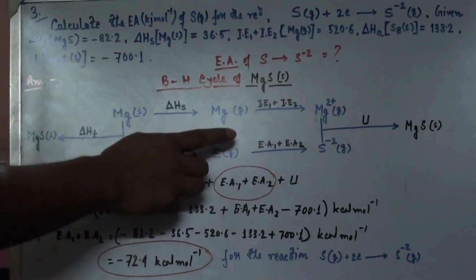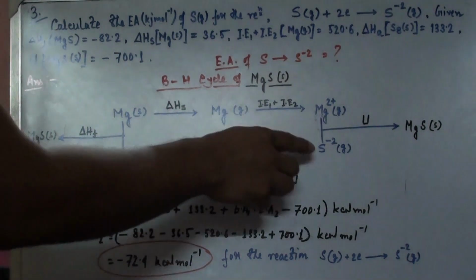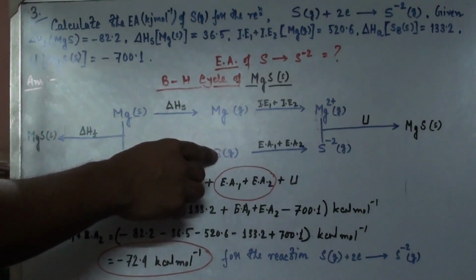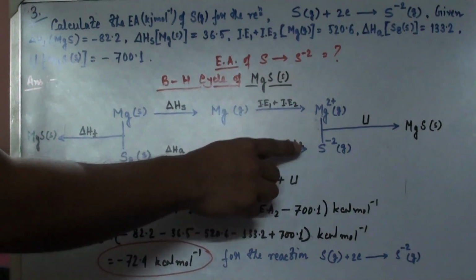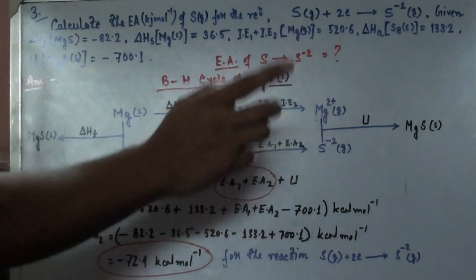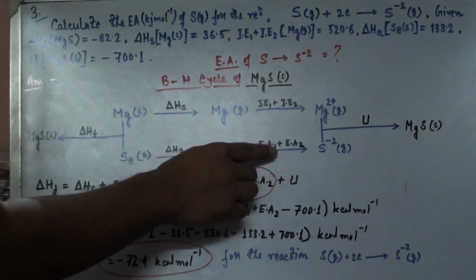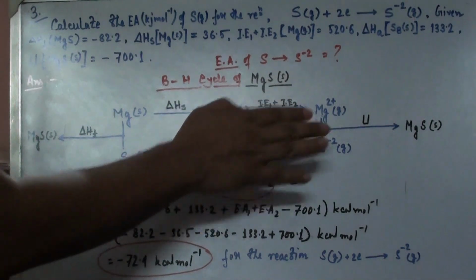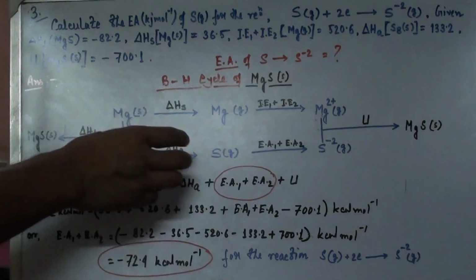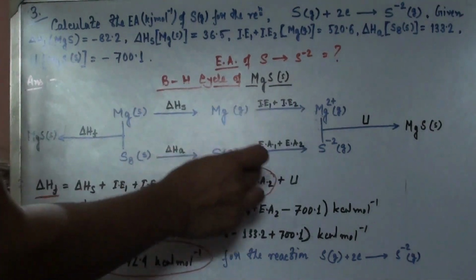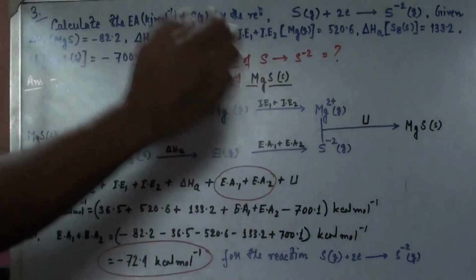Now sulfur gas to sulfide 2 minus. Here it is a two-step process: sulfur gas to sulfur minus gas, then sulfur minus gas to sulfide 2 minus gas. Two steps, one followed by another. So electron affinity 1 and electron affinity 2 are involved in these steps. So we have to calculate this value from this thermodynamical cycle.